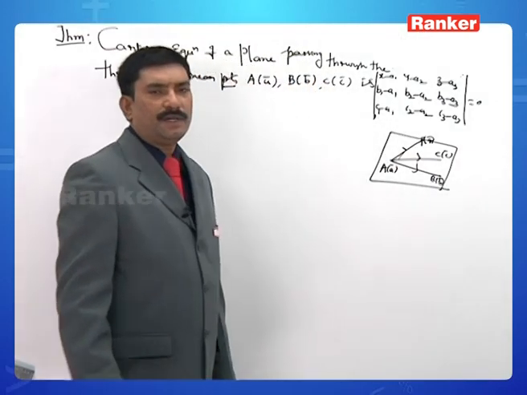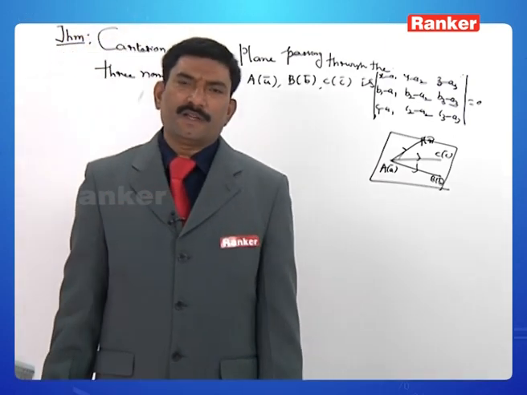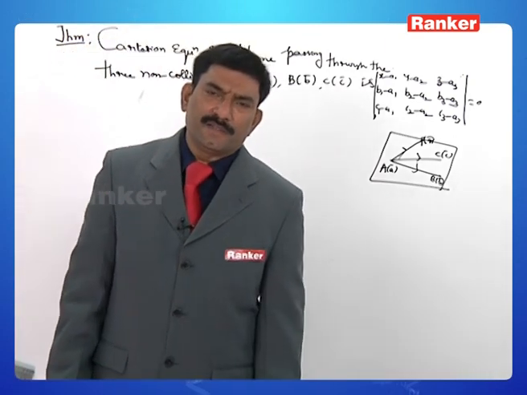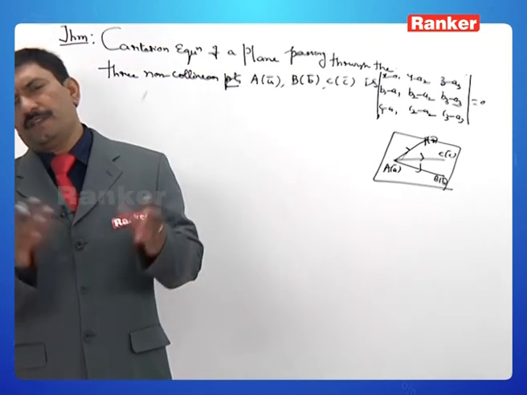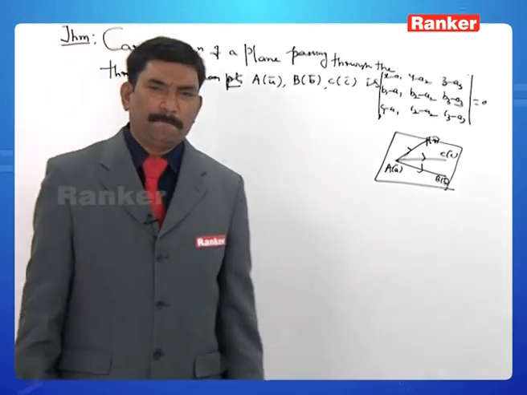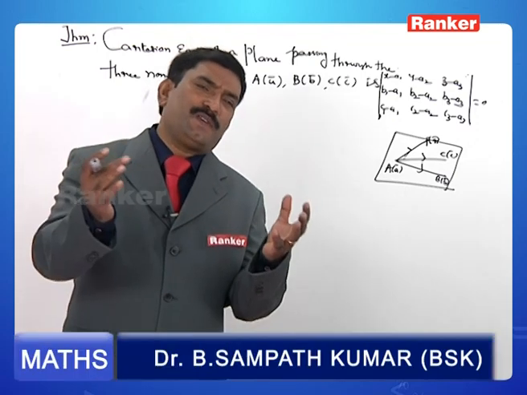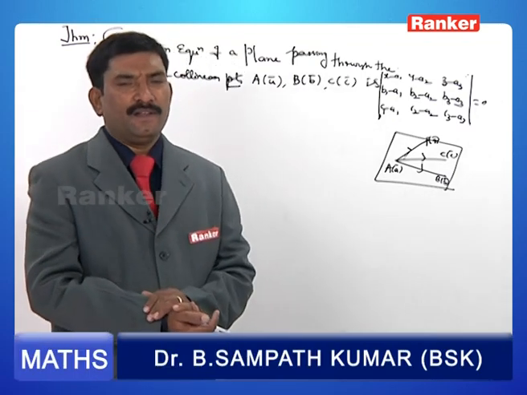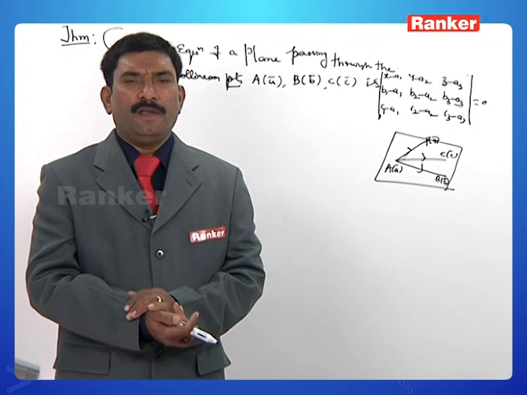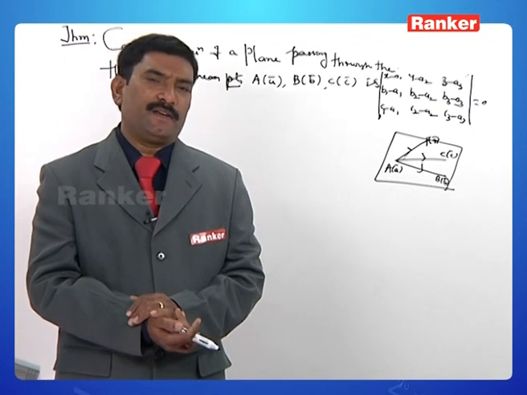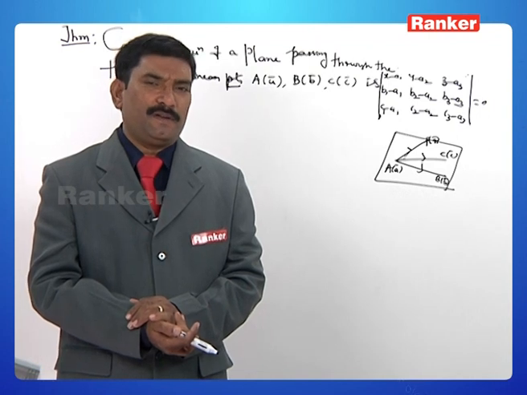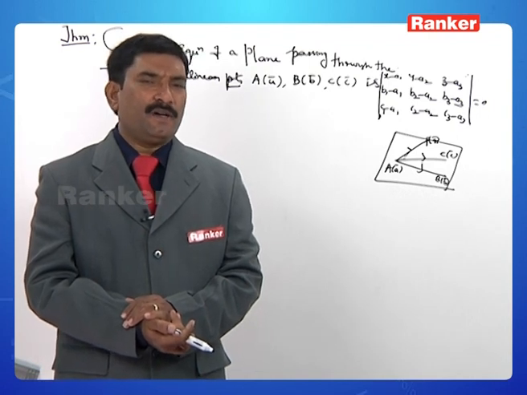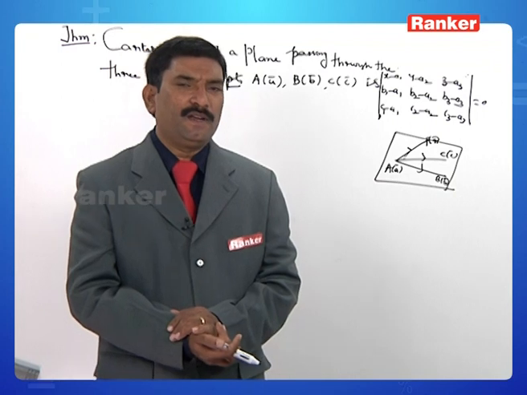I told you how to construct coinitial vectors. Why only with AB, AP, AC? There is no restriction at all. You can also consider AB bar, AP bar, AC bar, or BA bar, BC bar, BP bar, or CA bar, CB bar, CP bar.